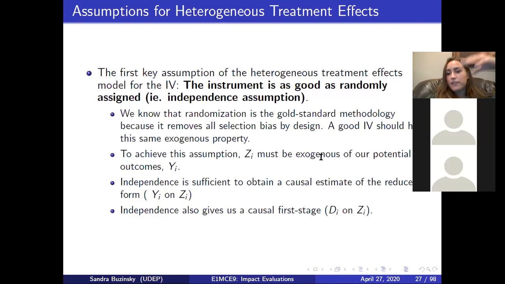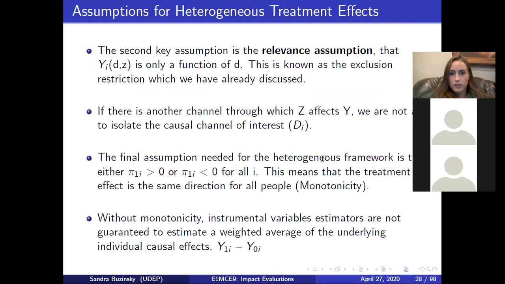Obviously, Zi doesn't affect any other variables that also affect Y other than X. This assumption is essential for causality because without it, we can't say that there's a clear effect of Z on X on Y, because Z might also affect a number of other variables that affect Y. Okay, and then the second assumption, same as before, is relevance, that there's some relationship between our instrument and our treatment dummy.